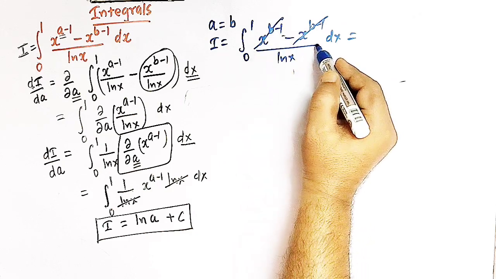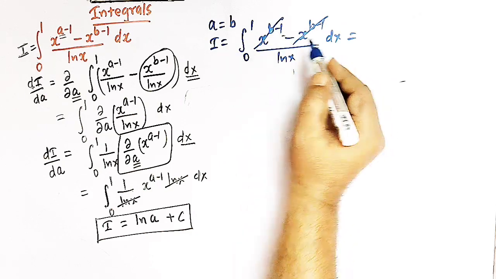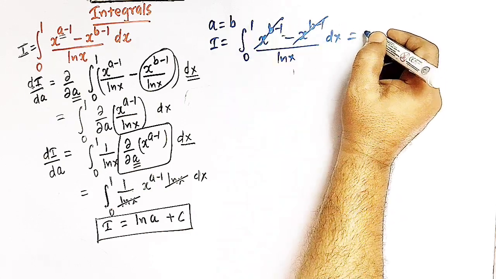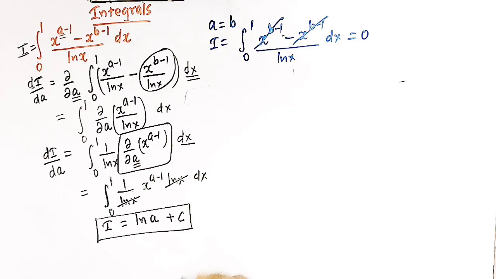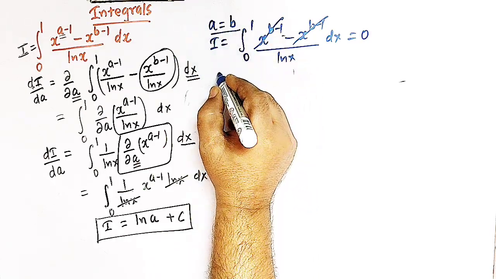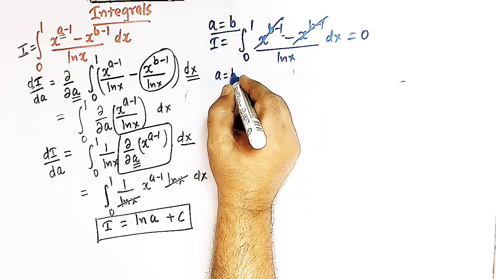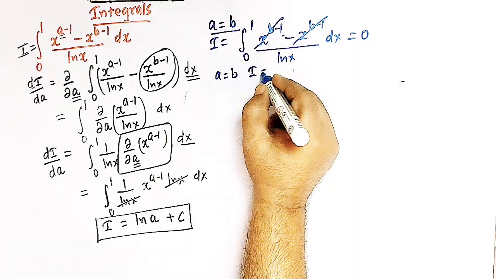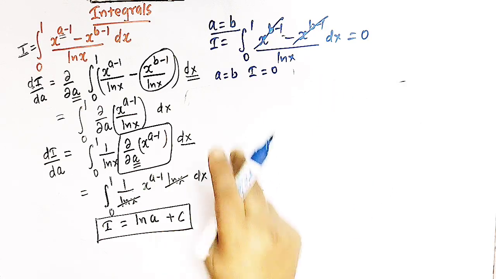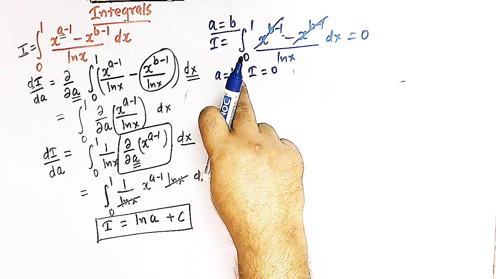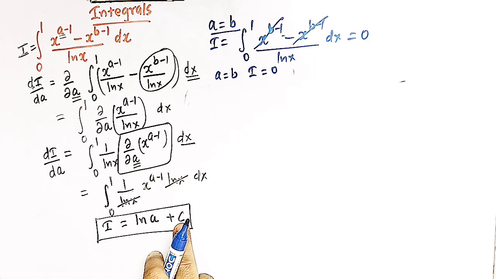So the integrand is now equal to 0, so the value of this integral reduces to 0. So now we have this condition, that is when a is equal to b, then the value of I is equal to 0. So now let us make use of this condition to get the value of c.